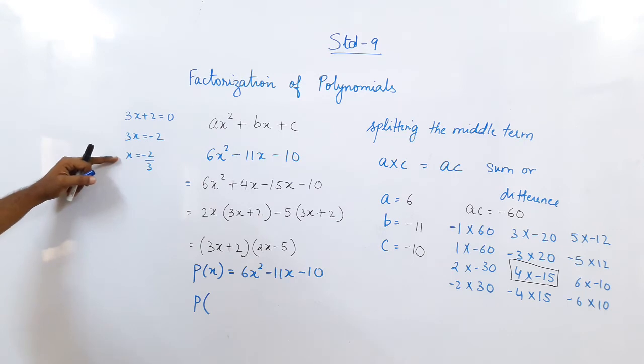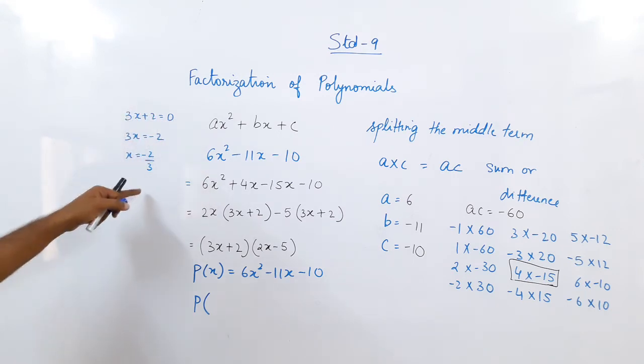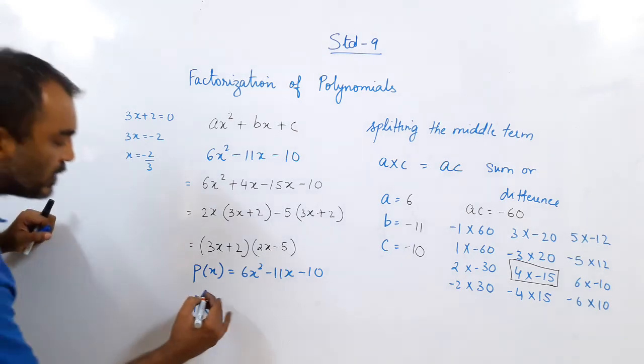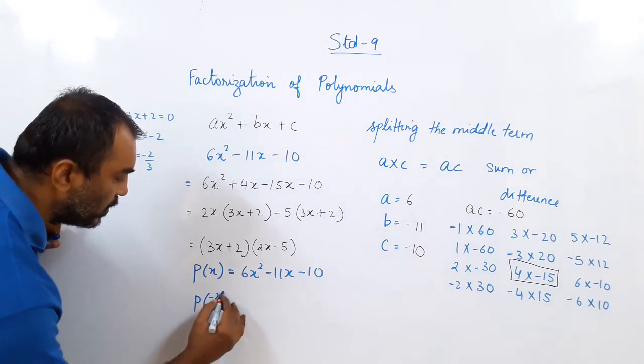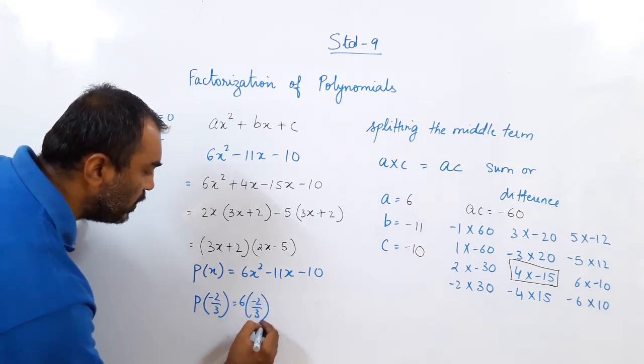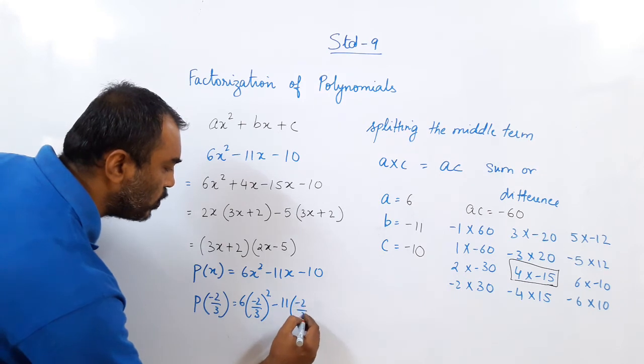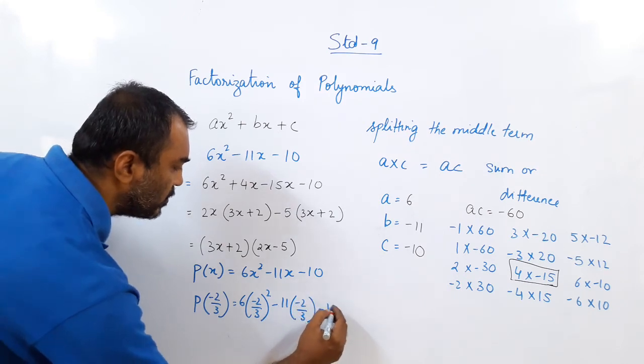Can you see this? 3x plus 2 equal to 0, so plus 2 goes here as minus 2, 3 comes down. So we have to put x equal to minus 2 upon 3. Now check, 6 into minus 2 upon 3, the whole square, minus 11 into minus 2 upon 3, minus 10.